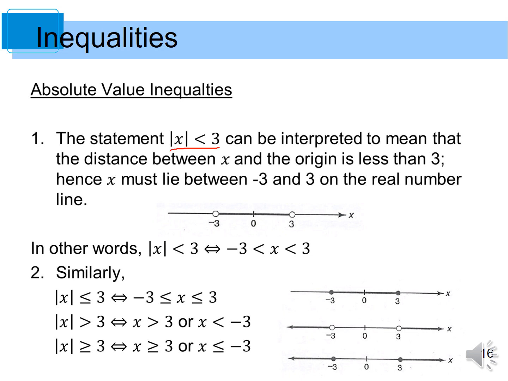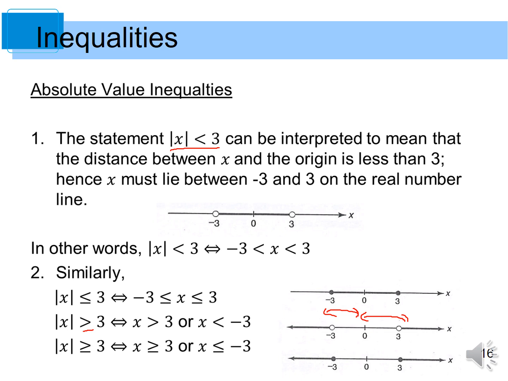The distance between x, you can see here is a required x value, and the origin should be greater than 3. So it should start from here. And here also, greater than 3 units.